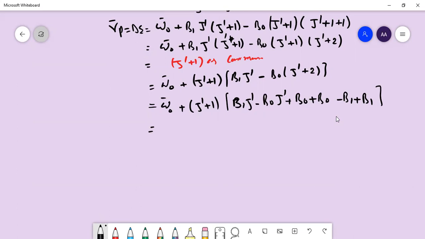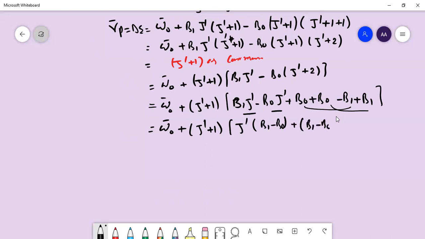So upon further solving this equation, it will be omega bar naught. I will take this J dash as common from these two terms, so it will be J dash plus 1 times J dash, B1 minus B naught. And I will again pair these two, so I can write B1 minus B naught minus B1 plus B naught.